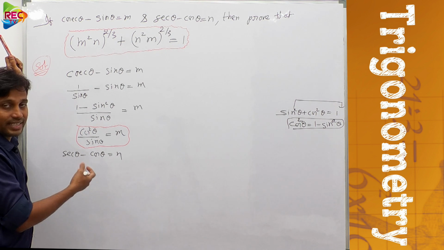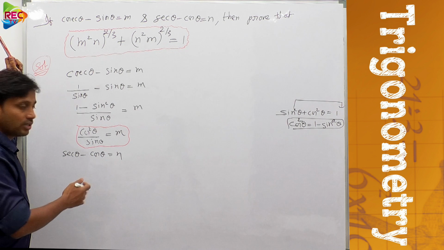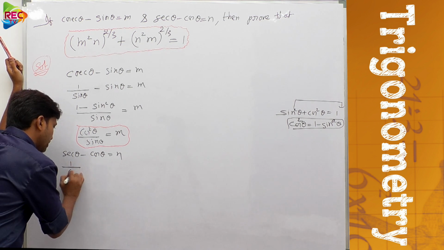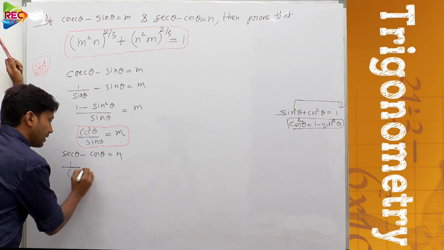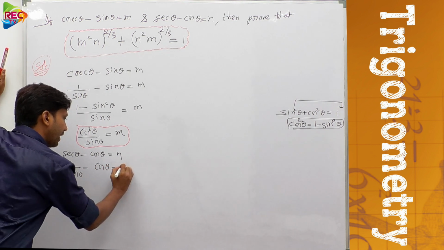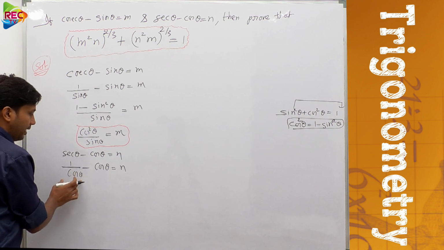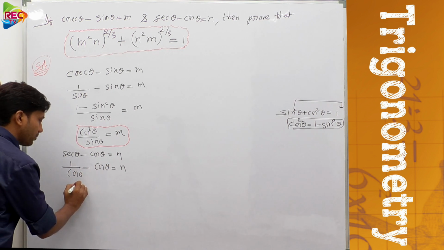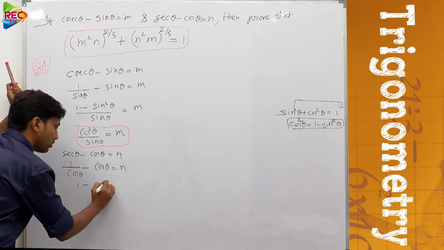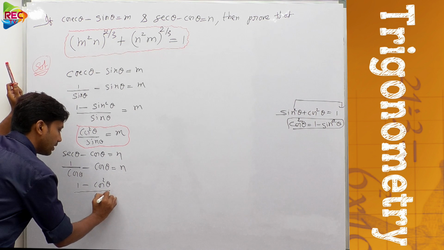We can write secant theta as 1 by cos theta, as it is the reciprocal of cos. So 1 by cos theta minus cos theta equal to n. Now again, to simplify this, we take the LCM of the LHS part: 1 minus cos square theta divided by cos theta equal to n.